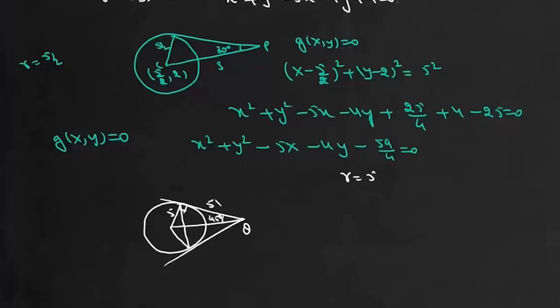So this is also 5. And in this right angle triangle, we can write QR as 5 by root 2. So we'll get this QR. So this AR is 5 by root 2. That means this AB is 5 root 2.